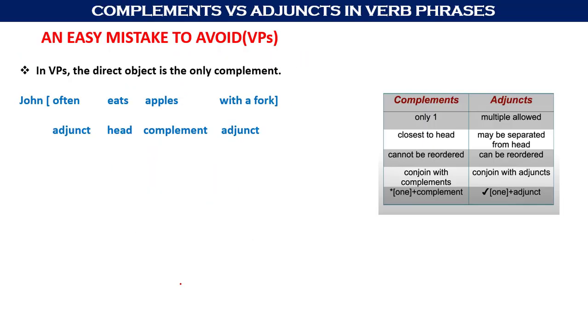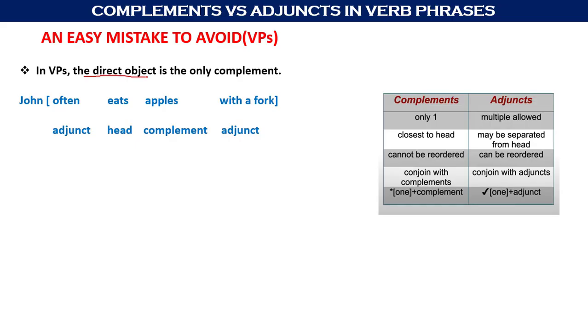Now we have talked about the noun phrases, but do we have complements and adjuncts in verb phrases as well? Of course. Now in a verb phrase, the only complement is the direct object, in case there is one.